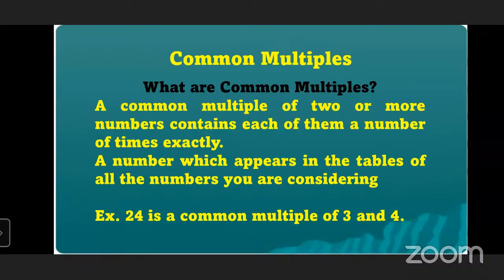If we are given any two numbers, for example, 3 and 4, in the tables of 3 and 4, which number is first that is common in both tables? Like 12. It means for the two numbers given to us, we have to check the tables and find which number is the same in both tables.